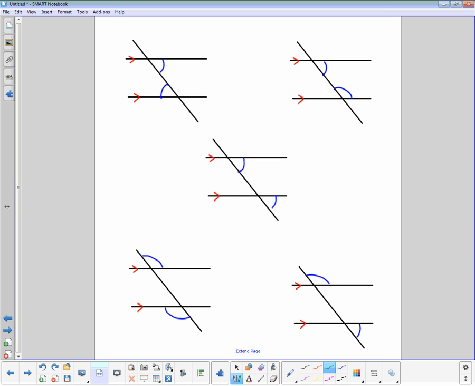You see how these guys, one of them's on one side of the line, one of them's on the other side of the line? Kind of like your feet when you walk: left, right, left, right. Those alternate. You go from one side to the other. Opposite sides.